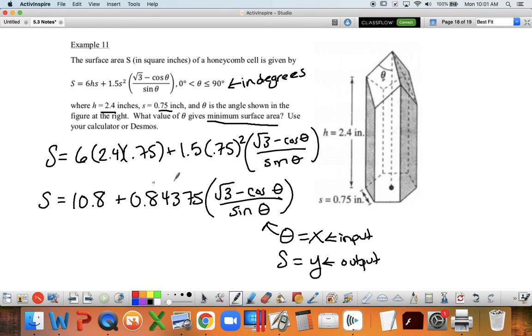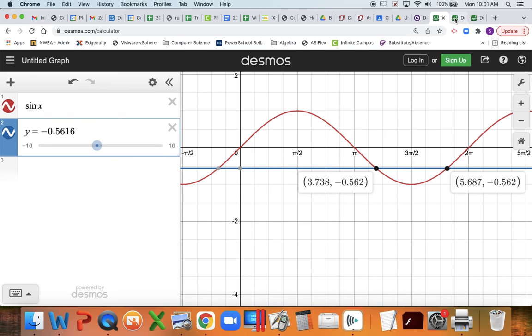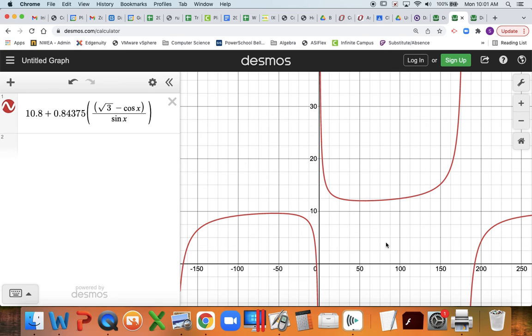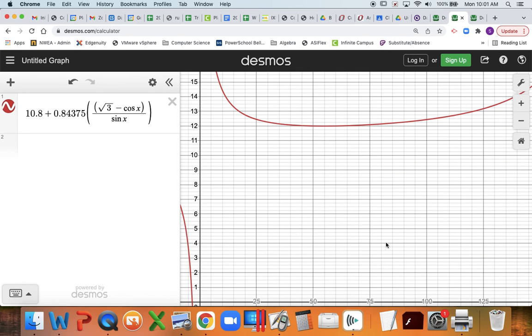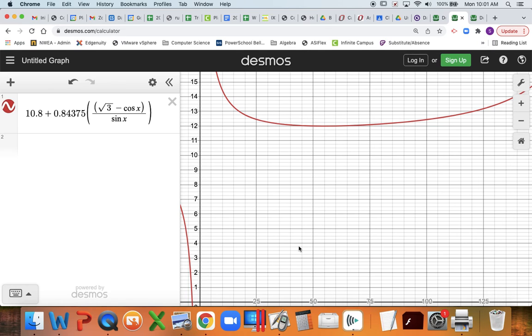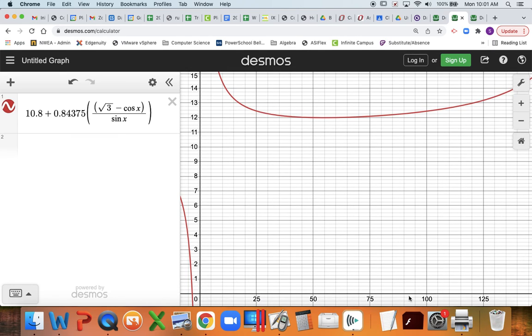So we've got our equation, and all we have to do, this is going to look a little bit funky, is jump over to Desmos. I've already put this equation into Desmos. Notice it's got a lot going on. It's a really funky picture here. What I'm trying to do is look between 0 and 90 degrees. Let me show you how I did this. Under the settings button, you need to make sure that you have degree highlighted. All I really care about is this little sliver here, from 0 to 90.